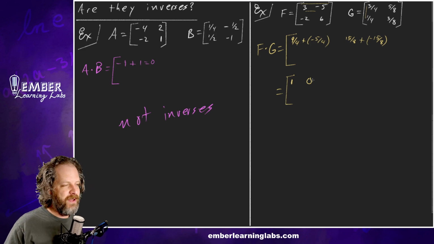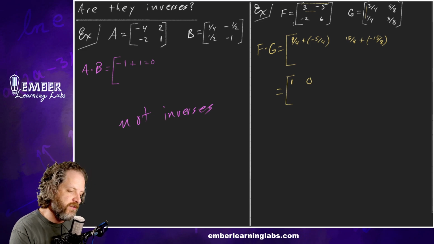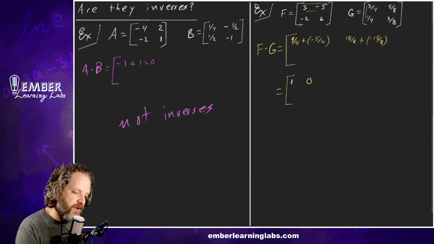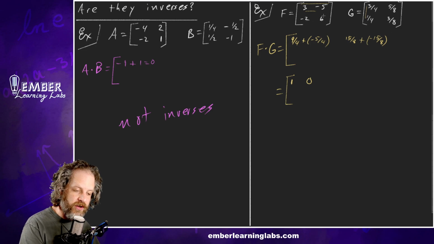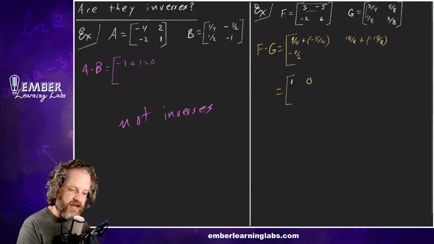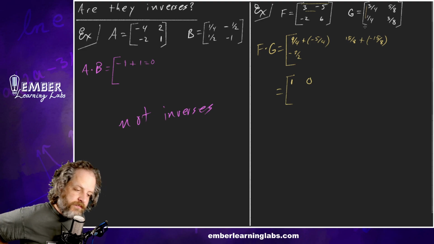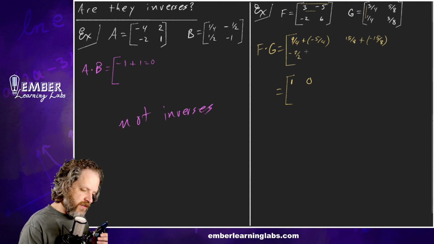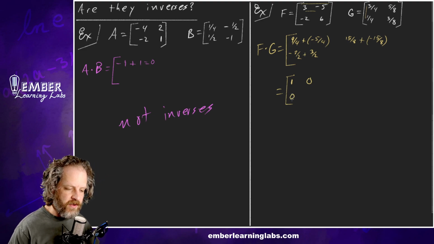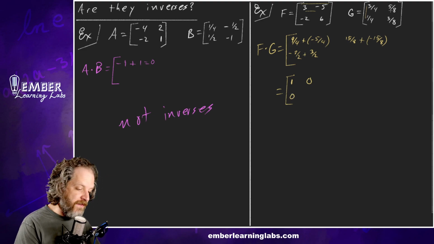You can see where we're going to go, but let's walk it all out to make sure we get what's going on. So we've done all of the first row, so we're going to go down to the next row. So -2 times 3/4 is -3/2, and then 6 times 1/4 is 3/2. So plus 3/2 turns into a 0. And then this next one, -2 times 5/8 would be -5/4.